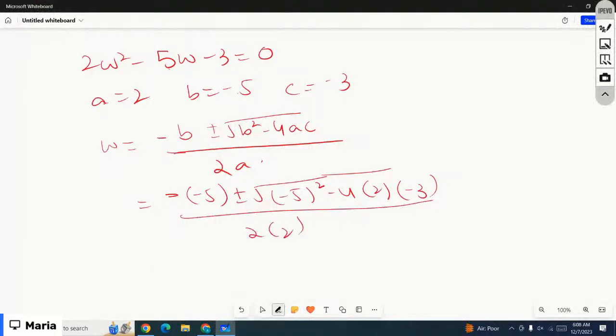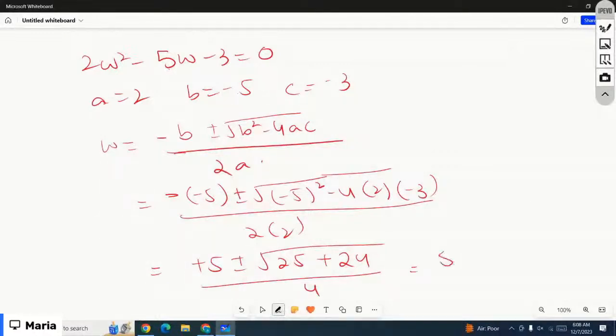Let's do the calculations. Negative and negative 5 means you have positive 5. Negative 5 square is 25. 3 times 2 is 6 and 6 times 4 is 24, that is positive 24, divided by 2 times 2, which is 4.